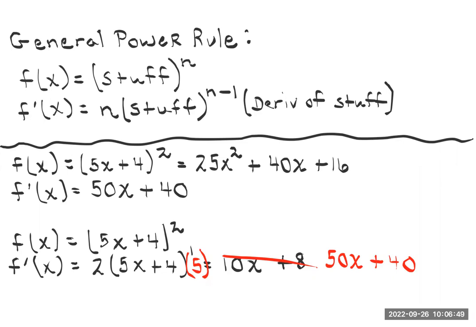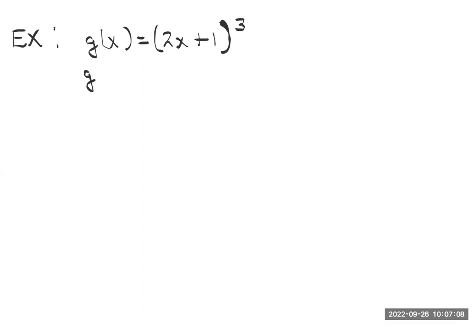So if we had g of x is 2x plus 1 cubed, and we didn't want to work this all the way out, because I don't want to do 2x plus 1 times 2x plus 1 times 2x plus 1.